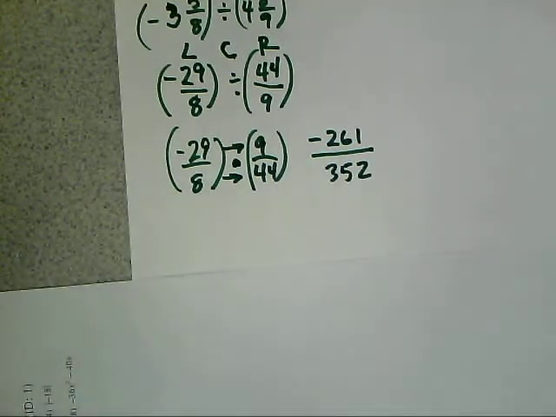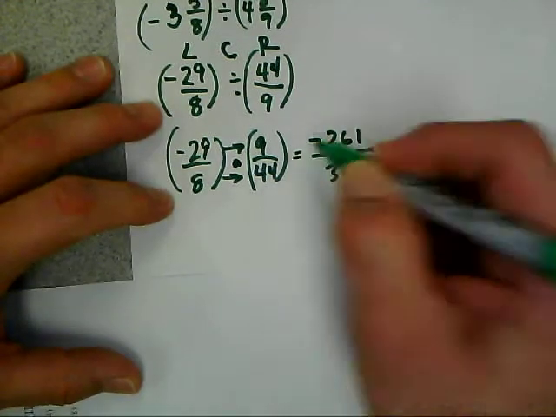I do not believe, from what I can see offhand, that this reduces. If you have that calculator that does it, you can enter that in the fraction bar part, and you can hit the equals and it'll reduce it for you, but this one does not, as I thought and suspected, does not reduce.